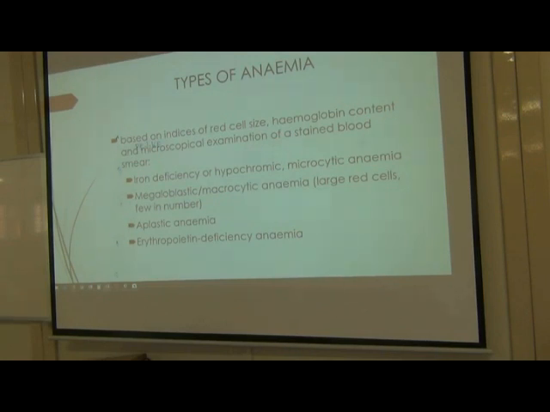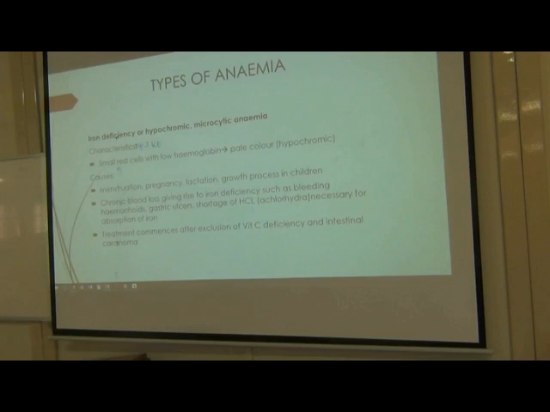So each of these terms would give you an idea of the presentation of that anemia. So you have it as iron deficiency, hypochromic, or microcytic, which means the cells are smaller than what it should normally be. Megaloblastic, the cells are bigger than what it would normally be. Then you have your aplastic anemia and erythropoietin deficiency anemia. Let's just quickly go to each of them.